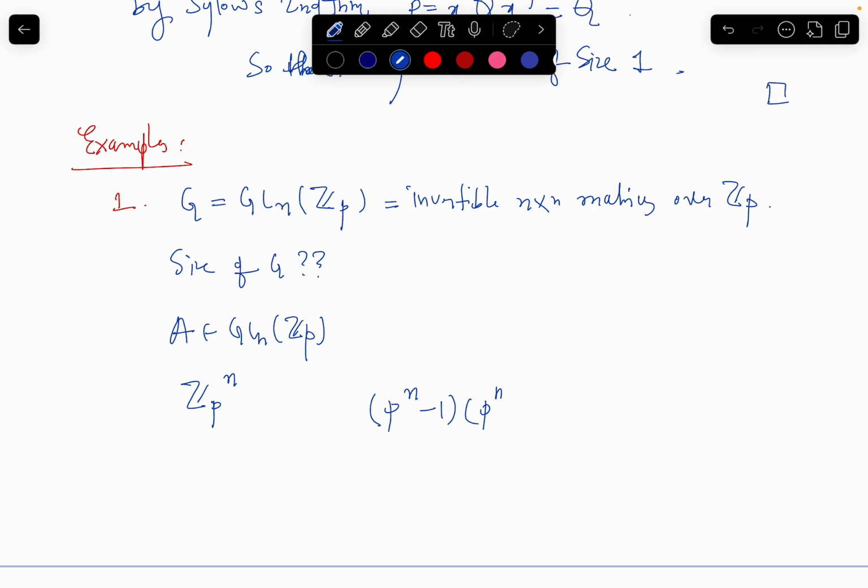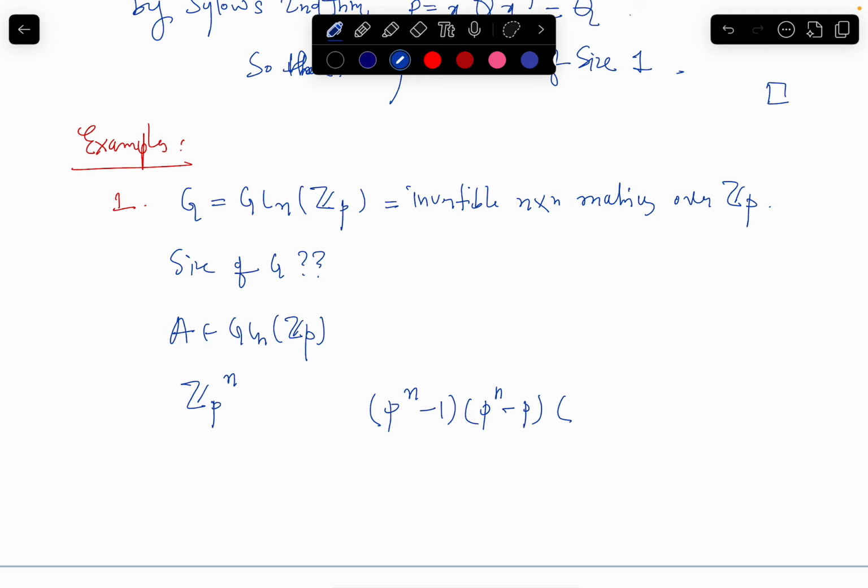So the first one has p power n minus 1 choices, and for the second one you remove the linear span of the first, so there are p many elements to remove, because there are p many multiples.